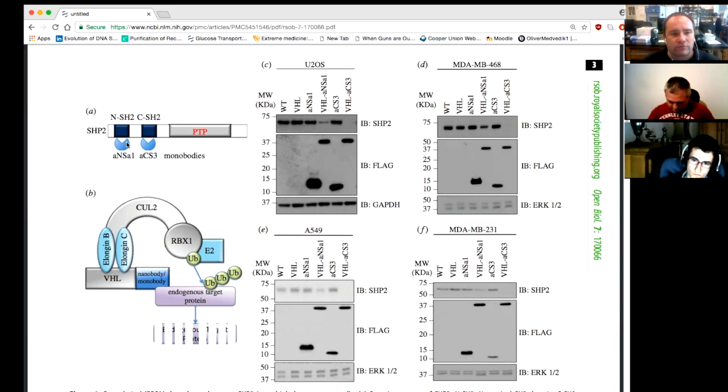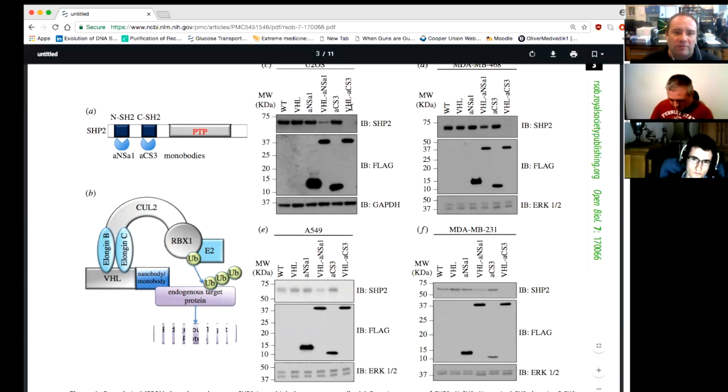So just two different sites on the same protein. VHL ANSA1 and VHL ACS3 are these monobodies conjugated to that protein that recruits the whole proteasome complex, right? So these monobodies are the search and the VHL is the destroy.